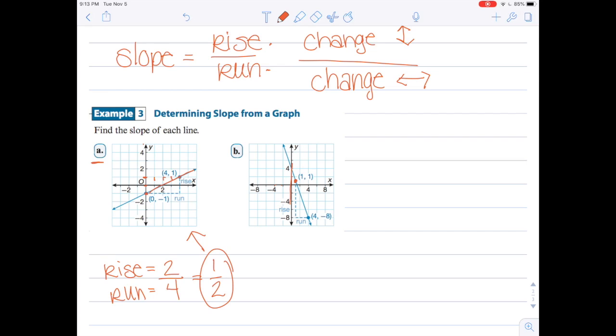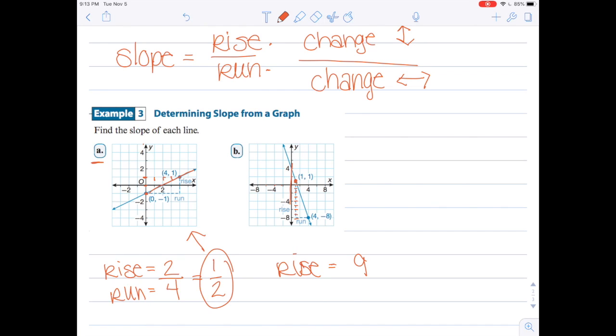So this is 2, 4, 6, 8. So to get from this 1, 1 down to 4, -8, we have to go down 1, 2, 3, 4, 5, 6, 7, 8, 9. So our rise is 9.